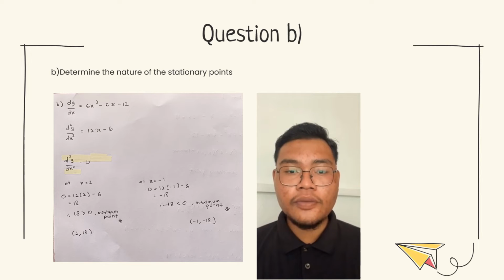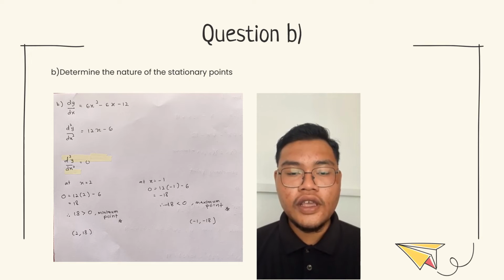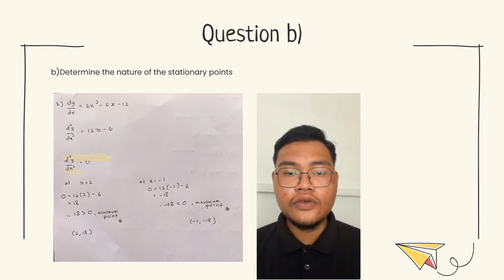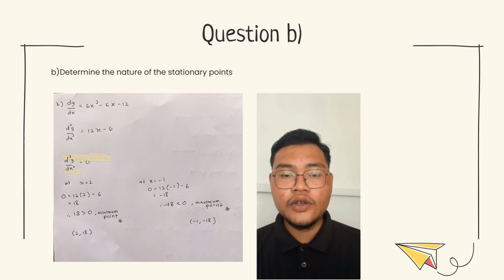So, at the point x equal to 2, we substitute into the new equation, which is 12 times 2 minus 6 equal to 18. And at the point x equal to negative 1, we also substitute into the equation and get 12 times negative 1 minus 6 equal to negative 18.